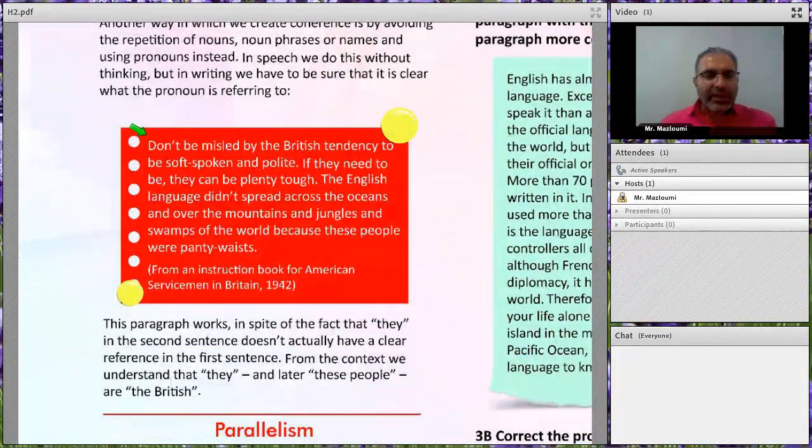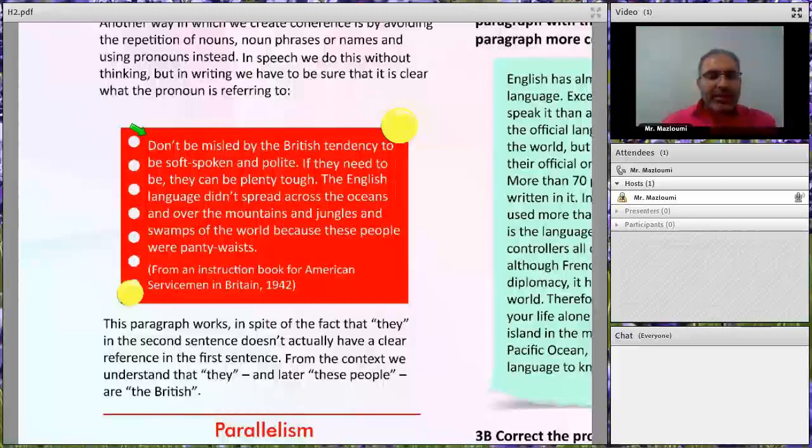We have an example paragraph, everyone. I'm going to read it. Then there are some vocabulary items I'd like to discuss, and later we will check out the pronouns the writer has used to create coherence. Listen, please. Don't be misled by the British tendency to be soft-spoken and polite.